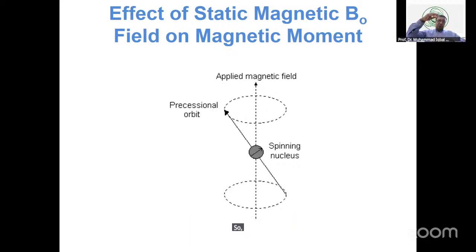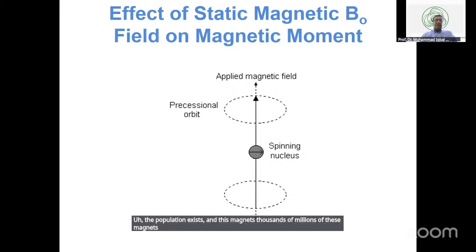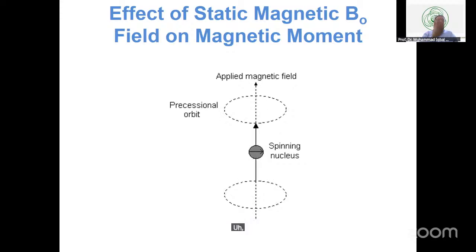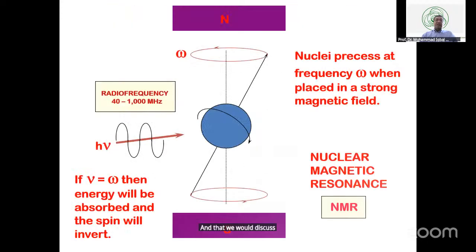So in fact, both up and down, in the dipolar case, for spin half nuclei, the population exists, and thousands of millions of these magnets are resonating up and down. The difference between them is just very little, and that we would discuss later.